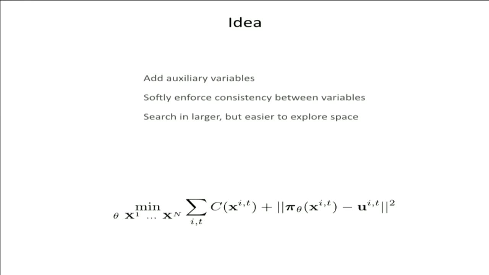But now we're making them explicit unknown variables. And we're going to enforce soft consistency between all the variables we have, which is basically this consistency term. This results in a much larger search space because we have all these trajectories, but it could be easier to explore.